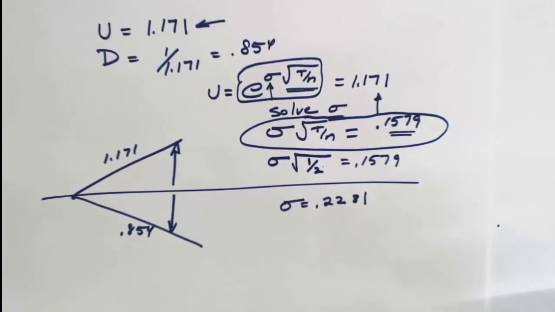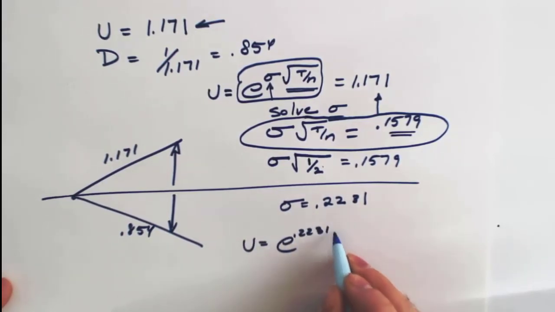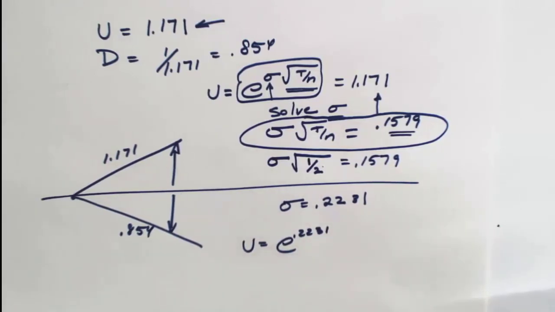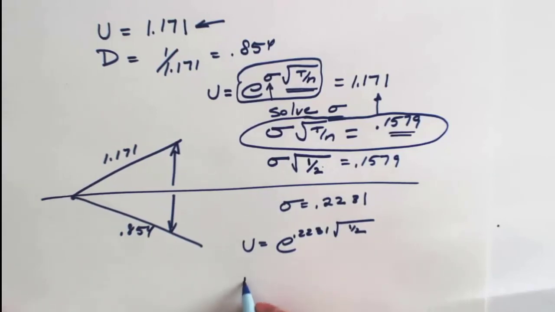Okay, and so what we're doing here is we're saying, look, an up movement is a function of e to the 0.2231, okay, times the square root of 1/2. And we're saying the D movement, which is the inverse, can be written this way: e to the minus 0.2231 square root of 1/2.